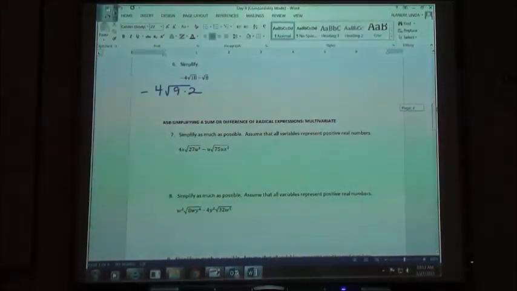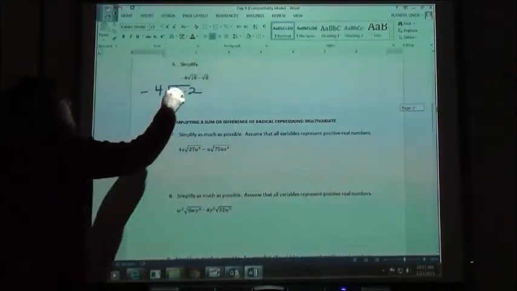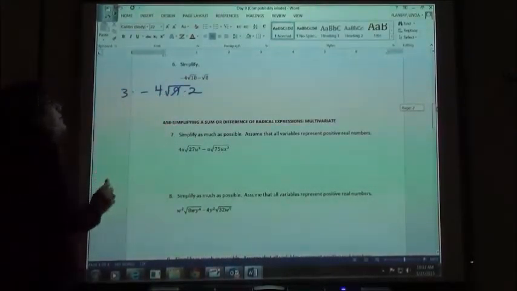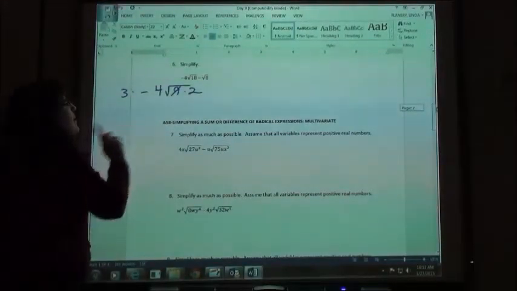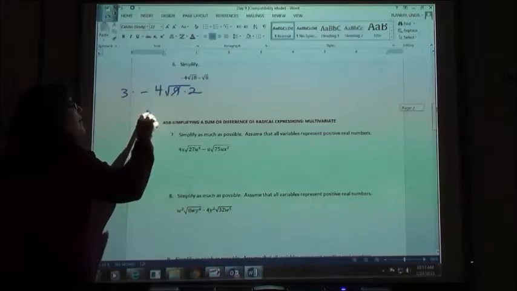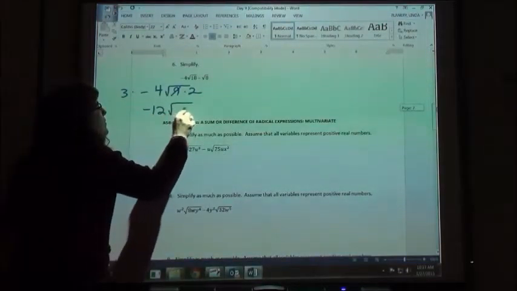We then take out the square root of 9, which is 3. We multiply it by what's in front, so now I'm going to get negative 12 square root of 2, right?